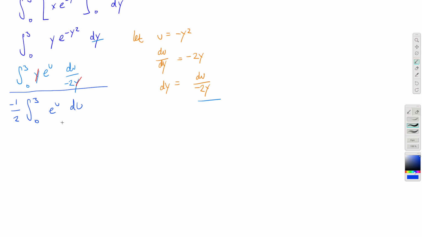And we know that the integral of e to the u is, ready for it, e to the u. Then we have to sub our u back in. Our u is negative y squared, so we're going to go negative 1/2 e to the negative y squared from 3 to 0.